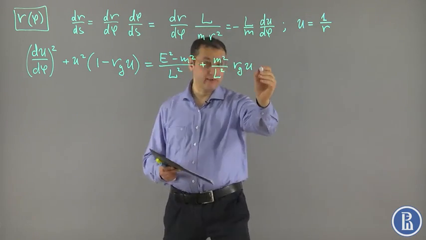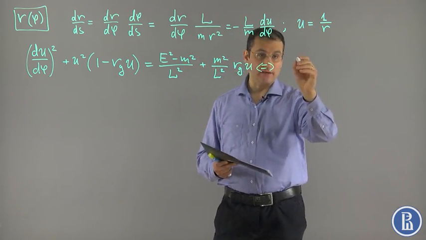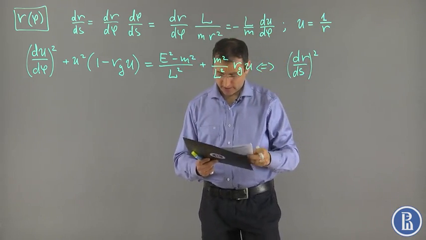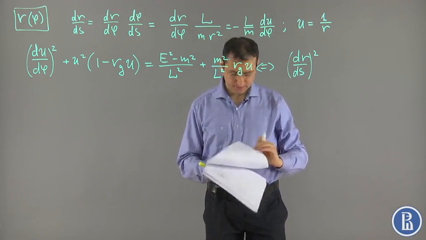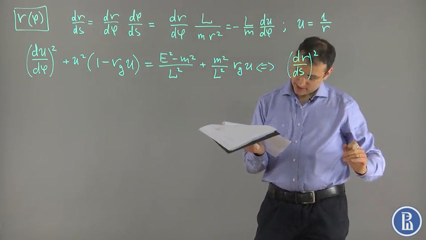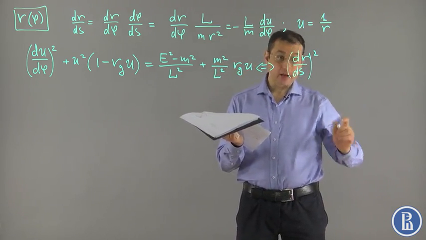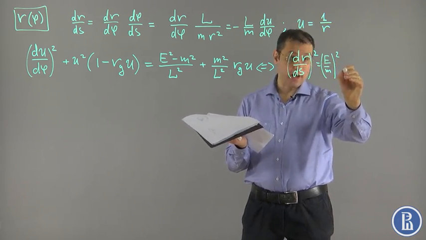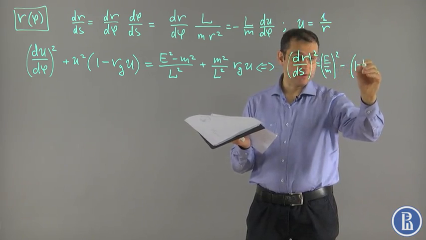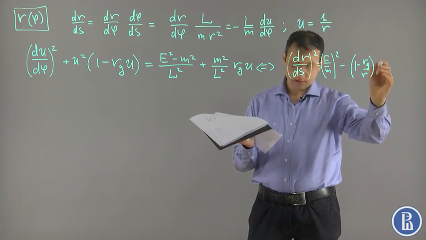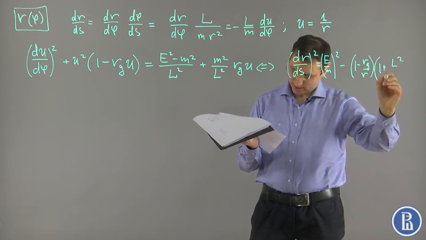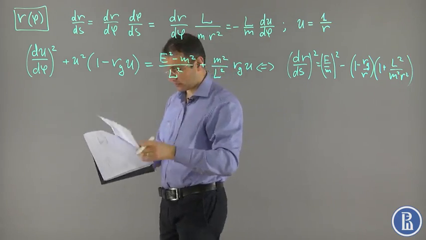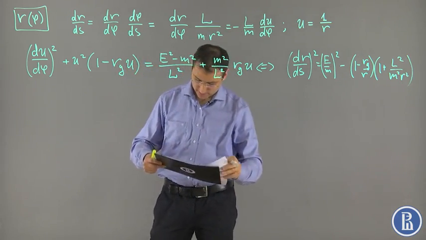So this equation is equivalent to the one that we had for (dr over ds) squared. Well, let me write it explicitly: (dr over ds) squared is equal to (E over m) squared minus (1 minus r_g over r) times (1 plus L squared divided by m squared r squared). So this equation is equivalent to this one in the new notations.